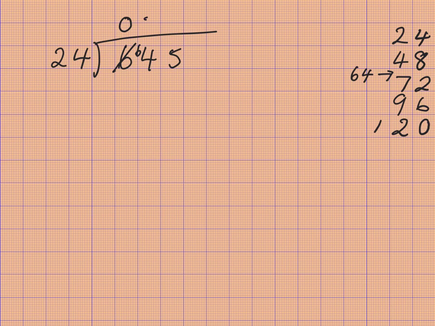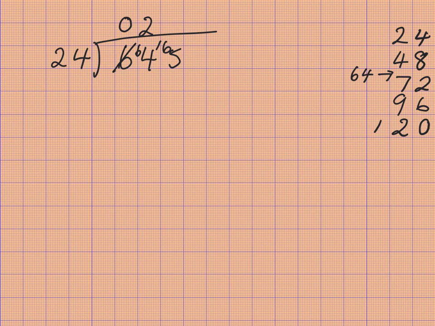So that's twice. 64 take away 48 is 64, take away 40 is 24, take away 8 is 16, so my remainder is 16. So I'm going to carry my 16 here.